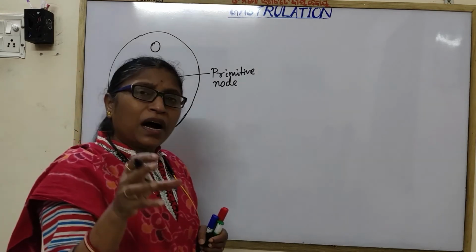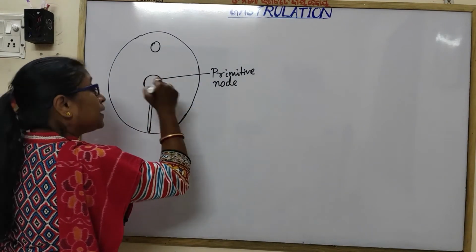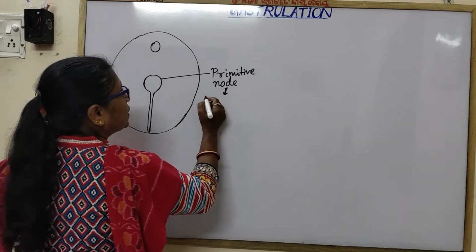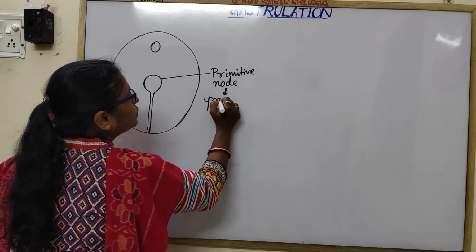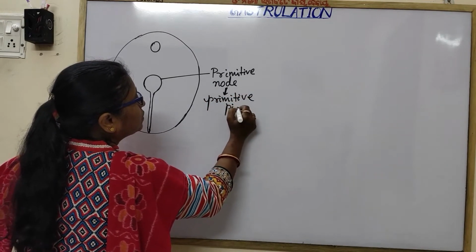Primitive node, a mass of epiblast cells. Here are the epiblast cells. It consists of a primitive pit. A primitive pit is formed.